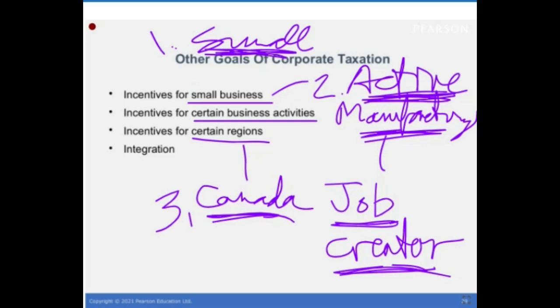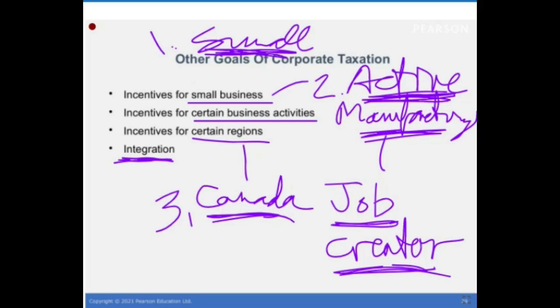And of course, we have integration as a general goal, which we can discuss. That's simply talking about if you directly earn the money versus if you were paid it through a corporation, are you going to pay the same amount of tax? In a perfectly integrated system, there's no difference.